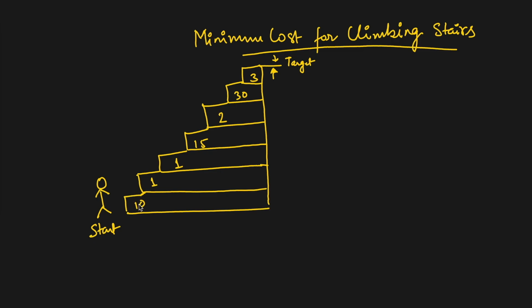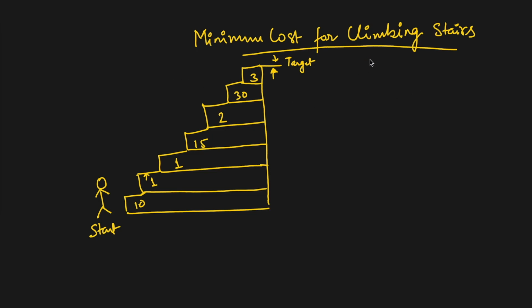We can start from 10 or we can start from 1. So definitely we can see that 1 is minimum. So we'll start from here, right? And then we can go to 1 or 15. And once we reach 1 or 15, after paying the cost, we can go to the next steps. So let's see how we'll solve this.